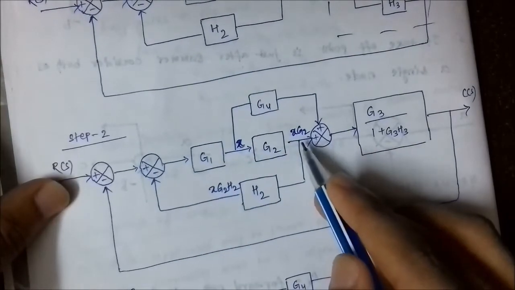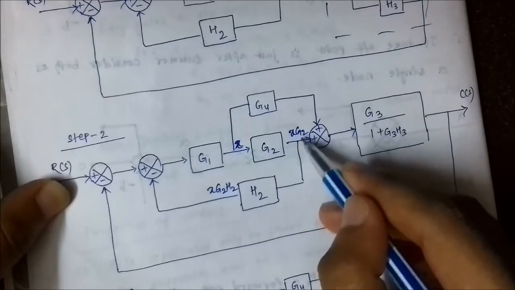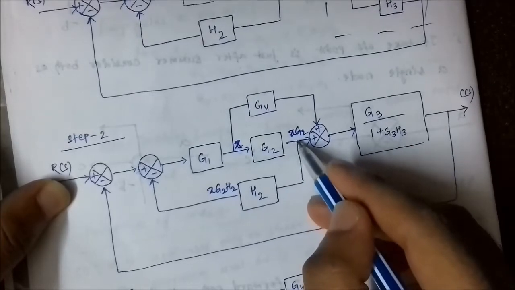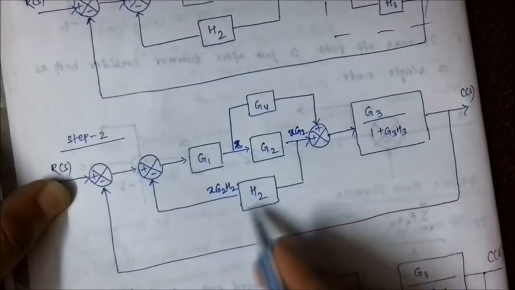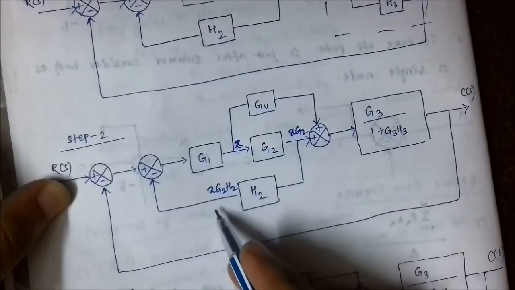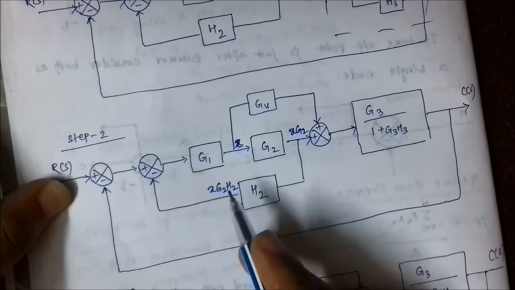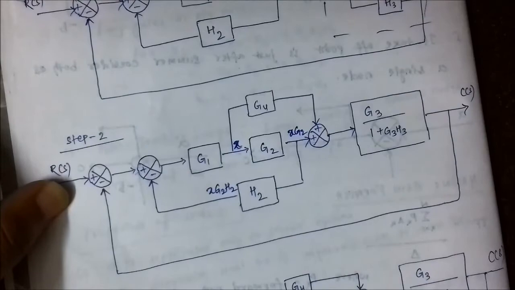So when you move this takeoff point from here to here, this value should not get altered, it should stay the same. It should be X G2 H2 or X G2 value.